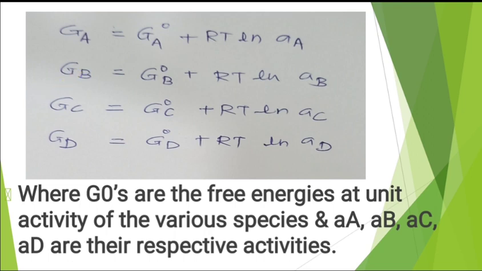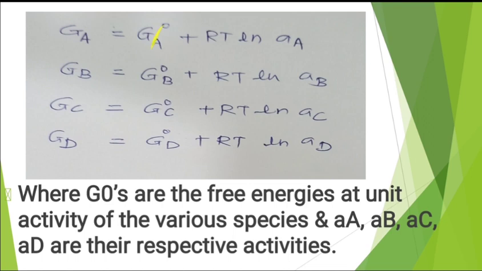Here we can write the same equation for species B, C and D. So GB is equal to G standard B plus RT ln of activity of B, and then for C species, that is the product species C, GC is equal to G standard C plus RT ln of activity of C, and the last equation is GD, that is Gibbs free energy for D species which is in the product, is equal to the standard Gibbs free energy of the species D plus RT ln of activity of D. So we have four equations, 1, 2, 3 and 4.